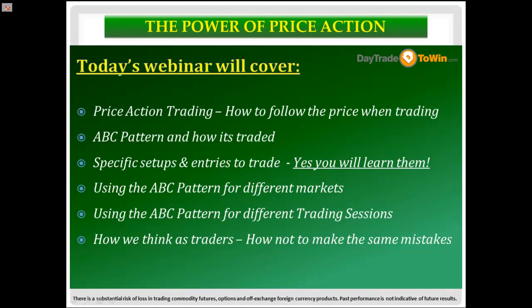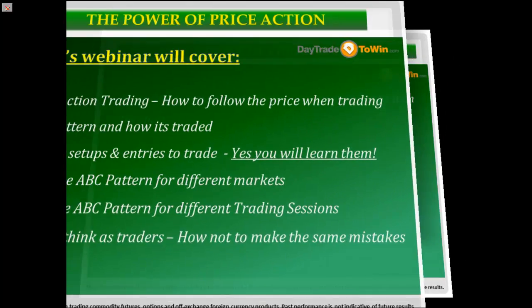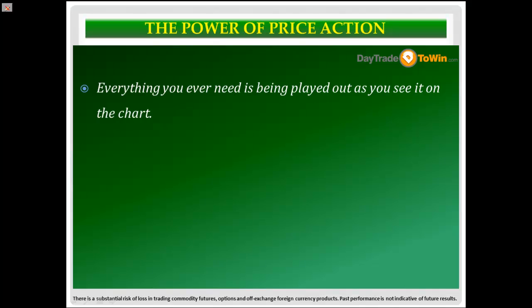I just want to make everyone aware of the difference between trading price and trading by following some type of indicator like a moving average or stochastic or MACDs and things like that. I'm a true believer that everything you ever need by way of understanding what's happening is being displayed to you on the chart as you see it.